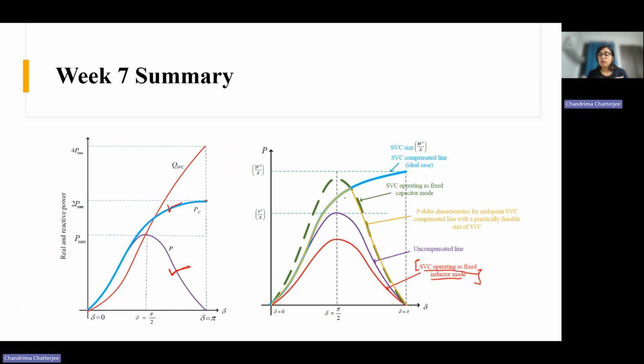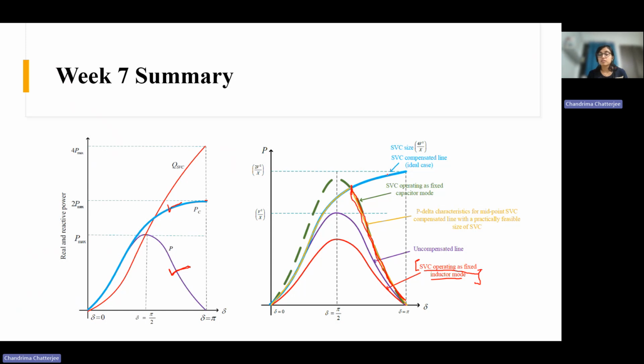So what is the operating region for us? The operating region will start from here, and it will follow this blue curve till this point. Then from here it will follow the fixed capacitor curve. But till this point it will follow the blue curve.